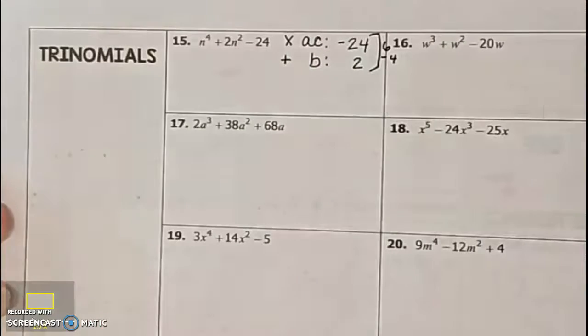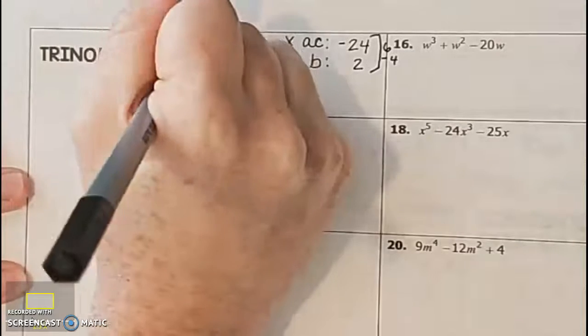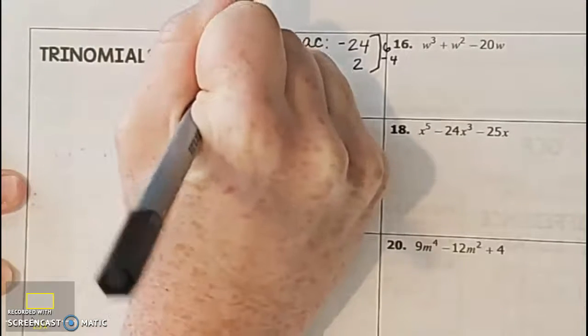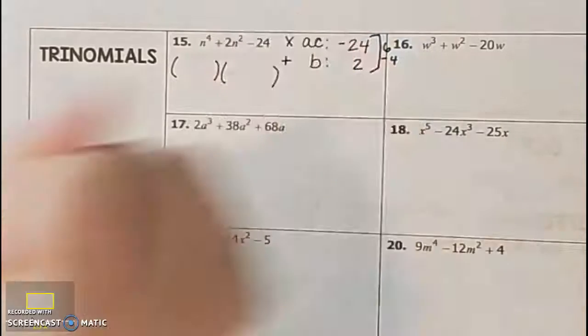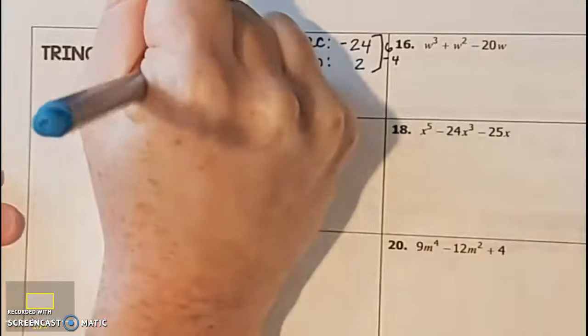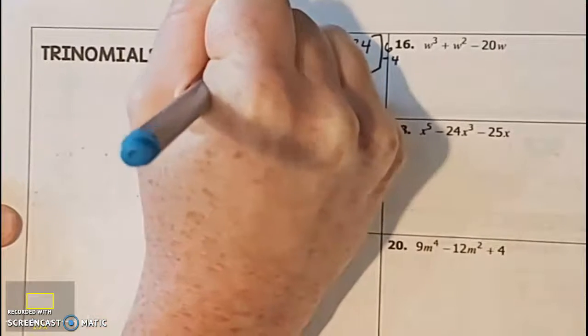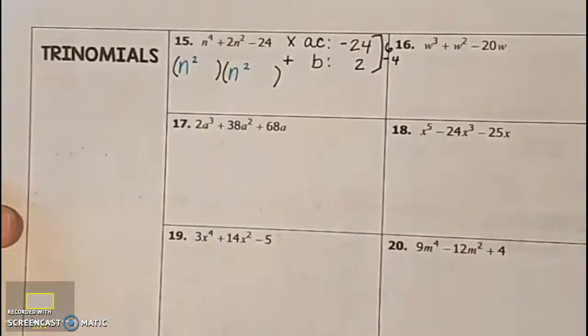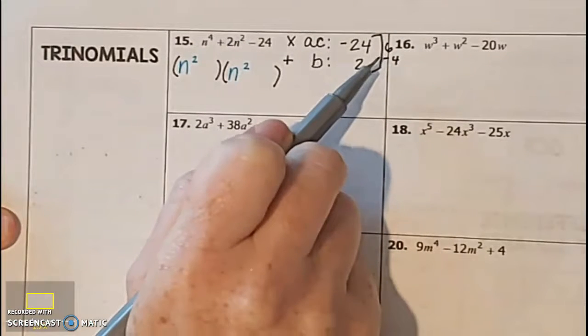So what we want to do here is factor this into our two binomials. But instead of doing n and n, we're going to do n squared, and then it's going to be plus 6, minus 4.